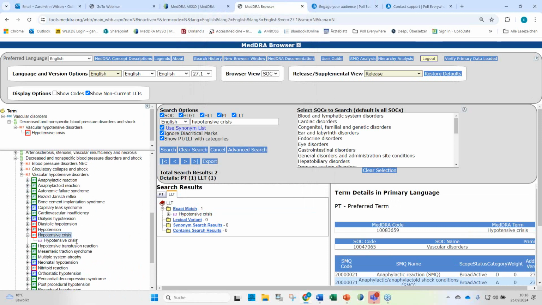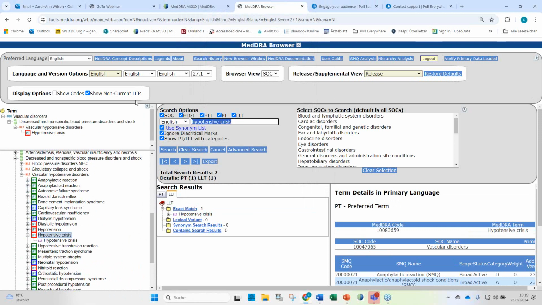But when interpreting this term in the same way as the opposite condition, that is hypertensive crisis, a hypotensive crisis refers to a sudden severe decrease in blood pressure, representing a medical emergency. So this is, again, not what was reported in our verbatim.